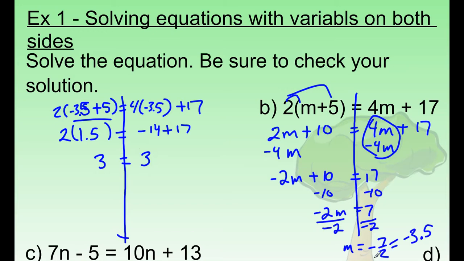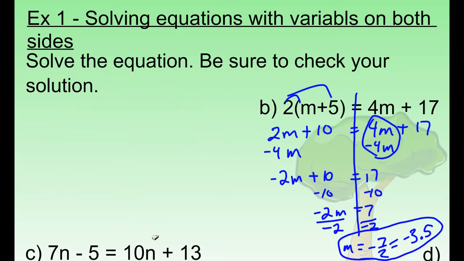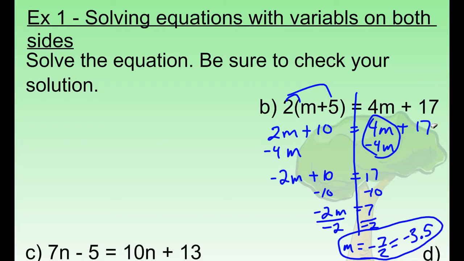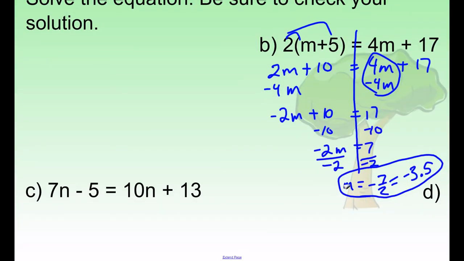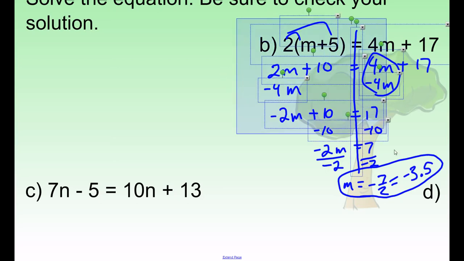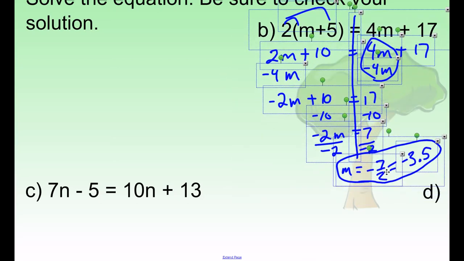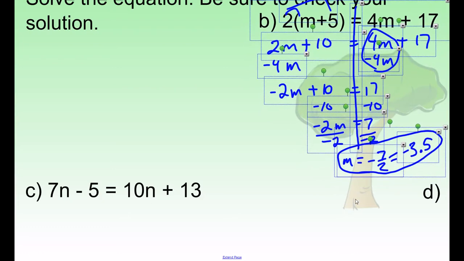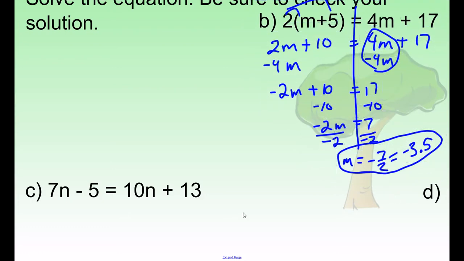So the two sides are the same, which means, yep, that is the correct answer. So we solved the equation, we checked our solution, that's it. Now, one thing I hear a lot of students say is, that was a lot of work. And my answer to them is, it's a lot of little steps, but none of the steps are really terribly complicated. It's not hard work, it's just a lot of little easy work.